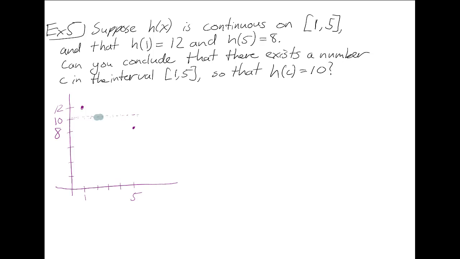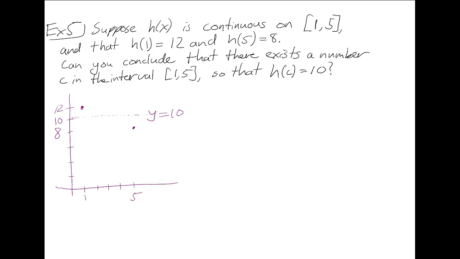That's not a very good dotted line. That's not much better. But anyways, we're talking about that line there where y is 10. Now, because it's a continuous function, you have to be able to draw the graph of it from here over to here somehow.